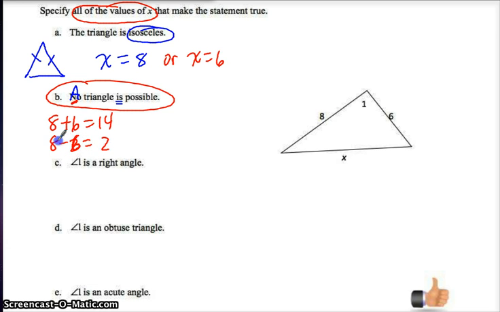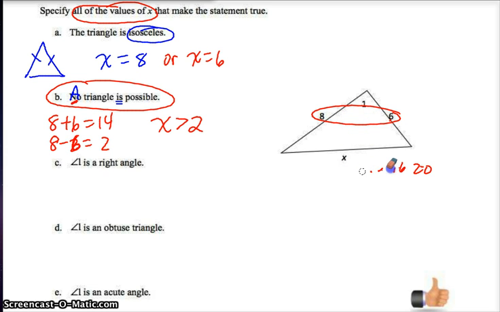So what do we know? It can't be 2. 2 is still too small because it can't equal that. Could 2.1 work? Yes. So that tells us that x has to be greater than 2. Or could it be 14? You know, 8 plus 6 is equal to 14, or could it be 15 or 16 or 20? No, because 8 plus 6 is 14. Can it equal 14? No. And if it's any of these others, it's not greater than.